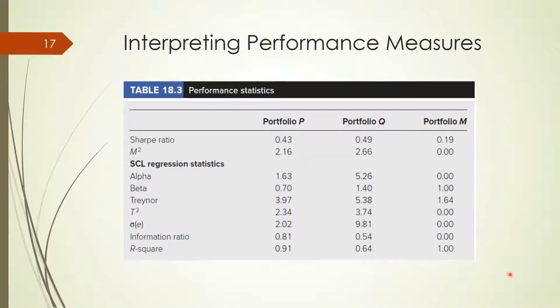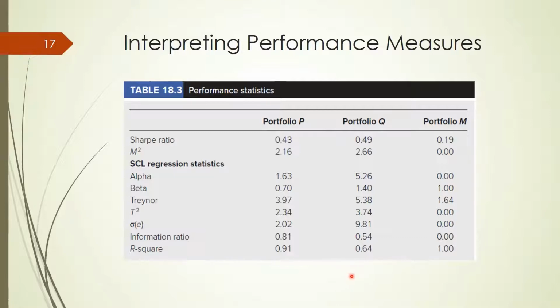Then based on our investment purpose, we can select the relevant performance measure to determine whether P is better than Q or not in serving the purpose of our investments.